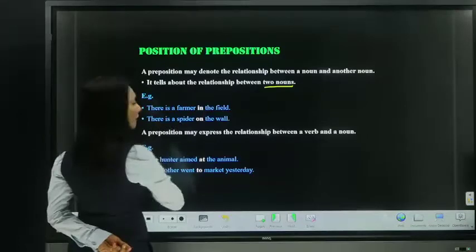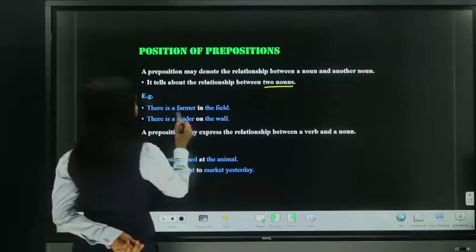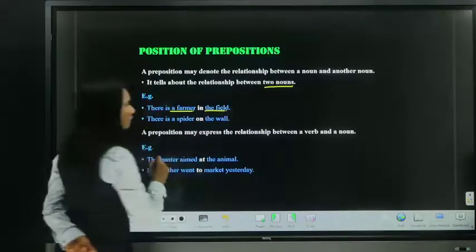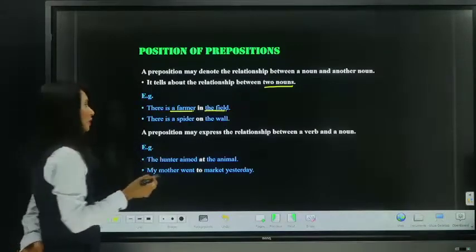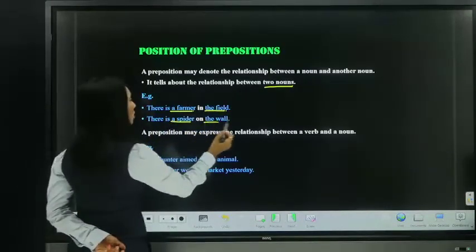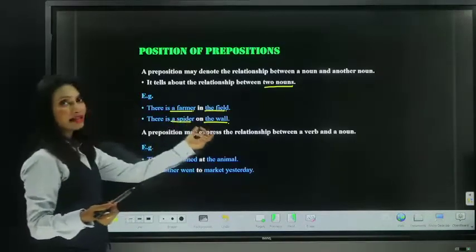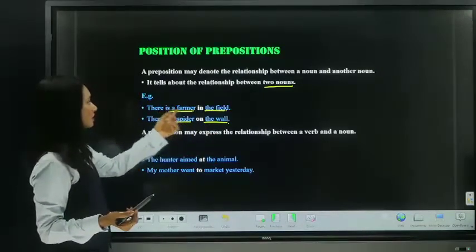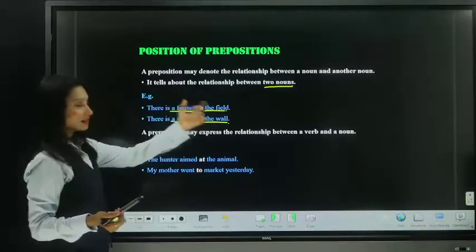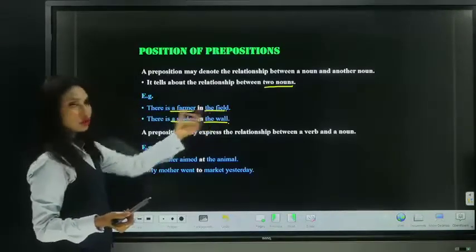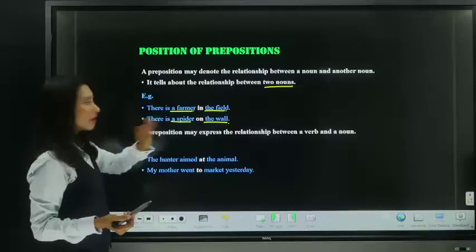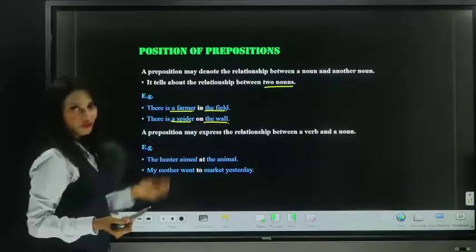There is a farmer in the field. A farmer, the field. Noun and a noun. There is a spider on the wall. A spider on the wall. Again, noun and a noun. So prepositions are denoting the relationship between two nouns here. On the wall. In the field.